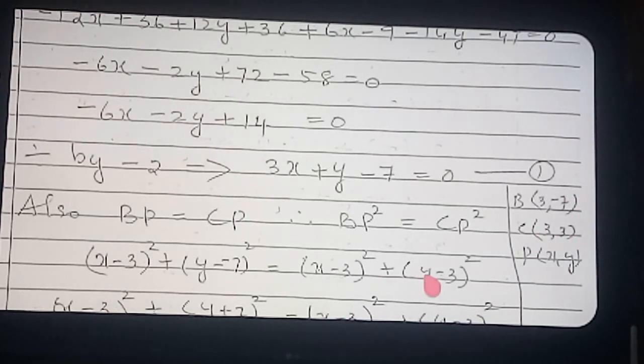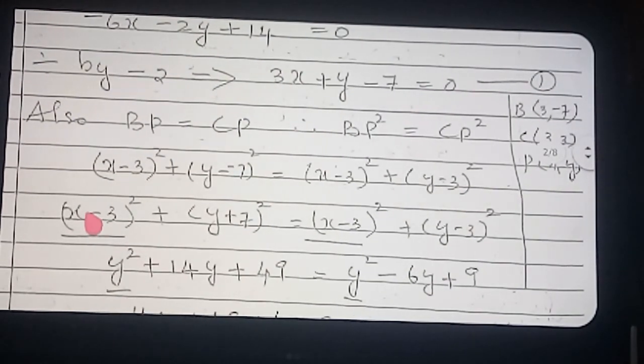Are you following now? The same repetition is coming, that is why I am not explaining more. Here (x minus 3) the whole square on the LHS and also on the RHS, so we can cancel them directly, because simplifying also you will get the same terms. So there is no need to simplify it again.